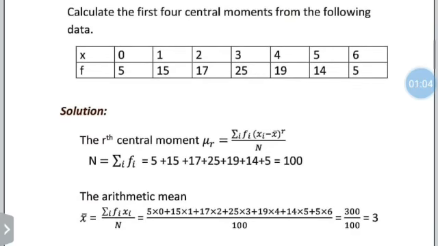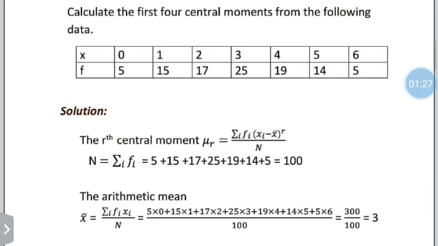Calculate the first 4 central moments from the following data. The x values are 0, 1, 2, 3, 4, 5, 6 and the corresponding frequencies are 5, 15, 17, 25, 19, 14 and 5. Here we have to calculate the values of mu1, mu2, mu3 and mu4.